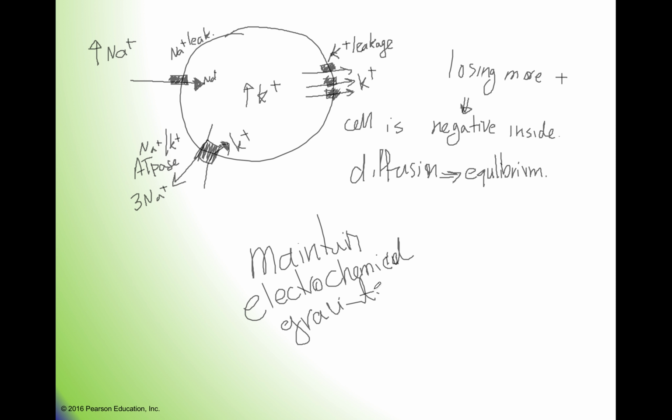So before, establishing is done by the sodium-potassium ATPase, and maintaining that electrochemical gradient is done by the sodium leakage channel, the potassium leakage channel, and the sodium-potassium ATPase. And again, remember that potassium is moving out of the cell faster than sodium is moving into the cell.